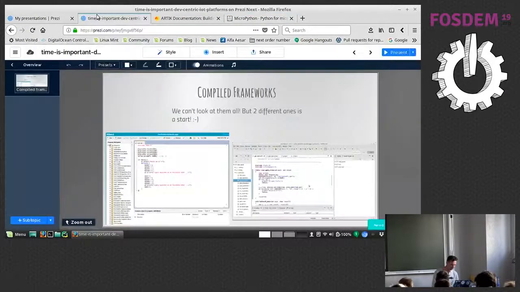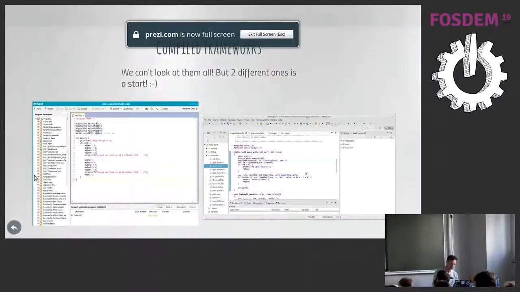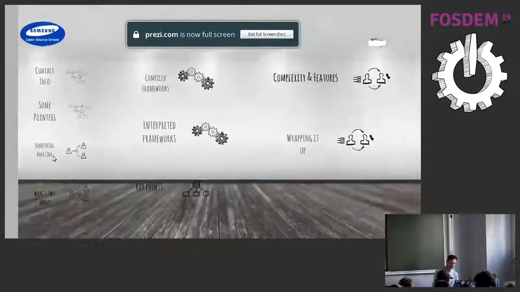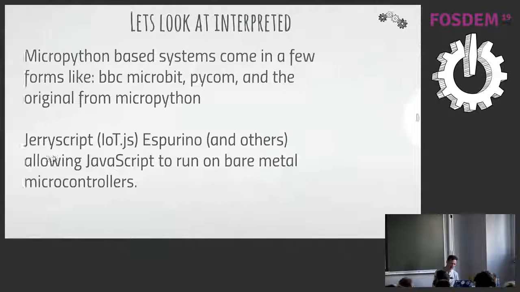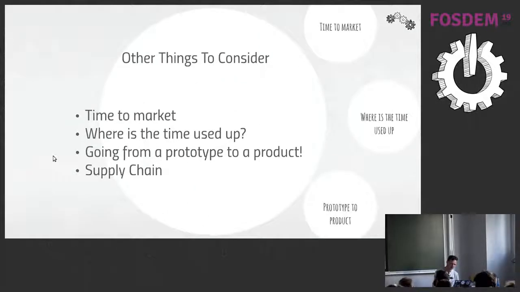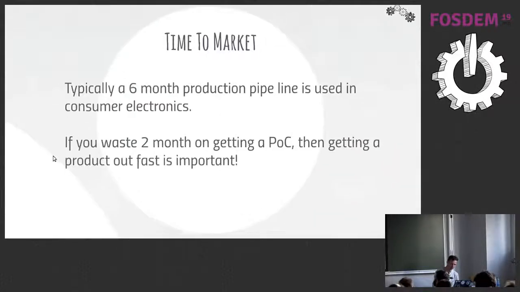And the other thing I wanted to mention, which I've got a slide up for. How much time have we got left now? Not much. A minute. We talked about that. Time to market is really important.